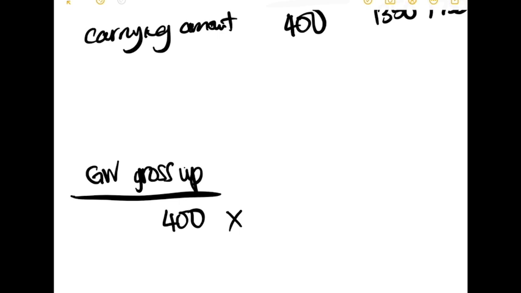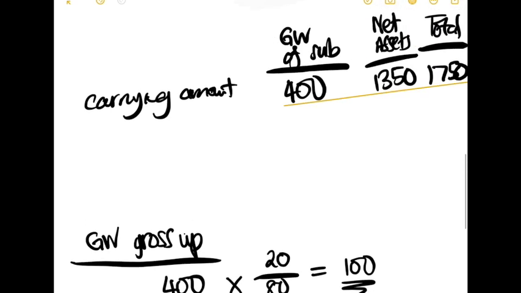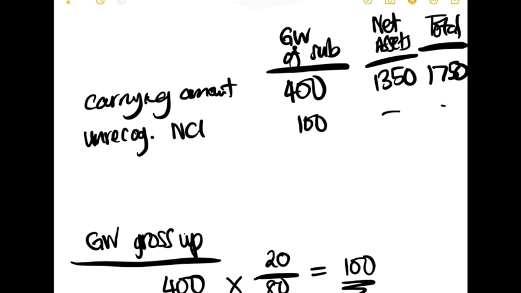We're looking for the goodwill attributed to the 20% NCI, so the figure we're looking for is 20%. But what figure have we been given? We've been given goodwill, the 400, which relates to 80%, relates to the parent. So that's going to be over 80. Therefore the unrecognized goodwill attributed to the NCI is actually 100. Now we can put that over here: this is our unrecognized NCI goodwill of 100.